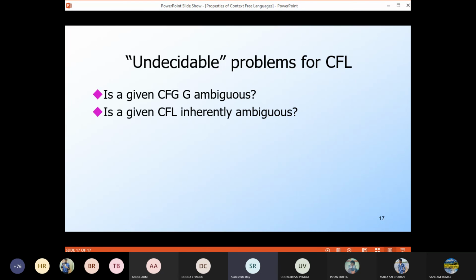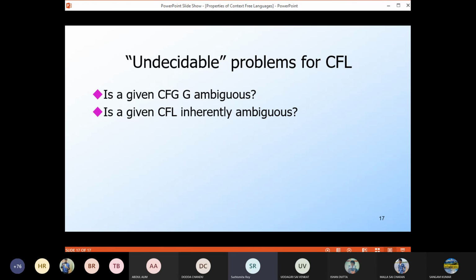I think you must have done this exercise for arithmetic expressions and for the if-then-else statement. So it is possible sometimes to convert an ambiguous grammar into an equivalent non-ambiguous one. These are not inherently ambiguous languages.